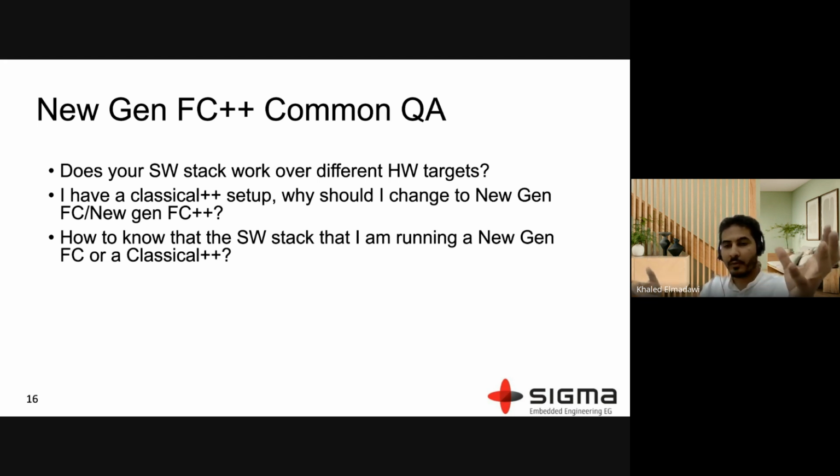If your software stack is divided, with some of it running as different IPC processes over a flight computer and a set of microcontrollers, then this is the classical plus plus. If your software stack is running over a flight computer, then it is a new generation flight controller.